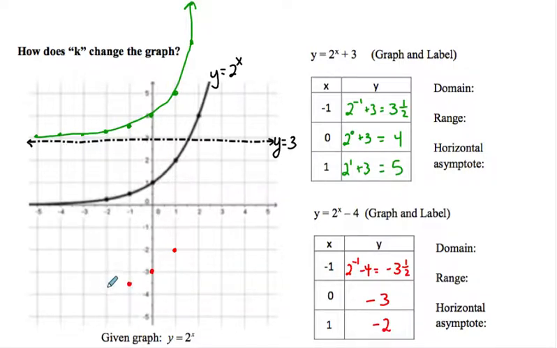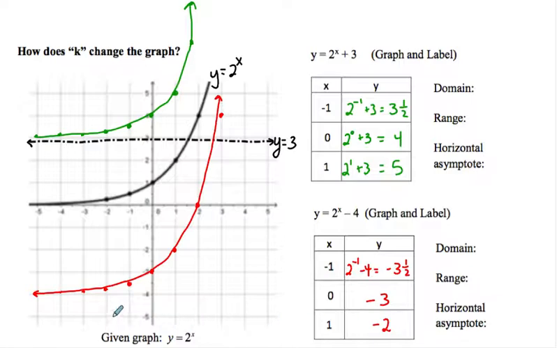If I went to negative 2, I'd be sort of here. I'm getting closer. At 2, 2 squared is 4, and 4 minus 4 is 0, so at 2, I'd be at 0. At 3, I'd be 8 minus 4, so 4, up here. Now take a look at that shape, and take a minute to think about what that shape looks like in relation.